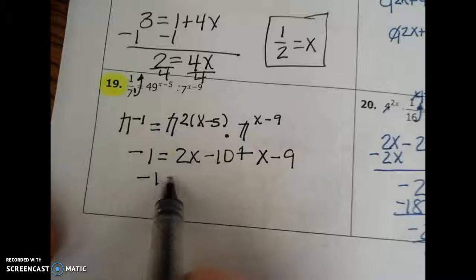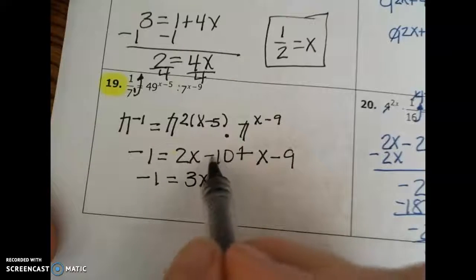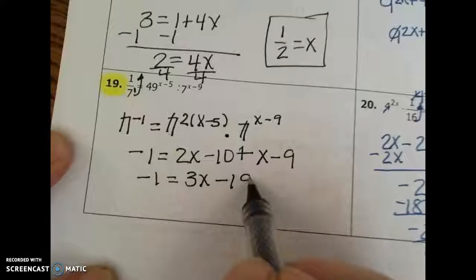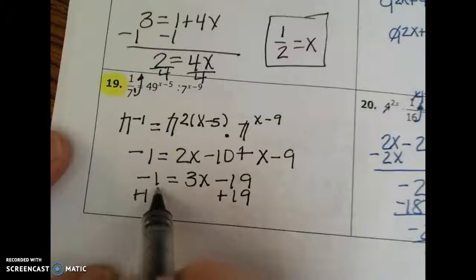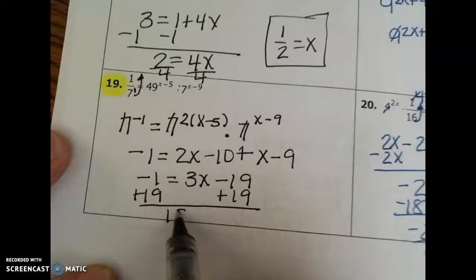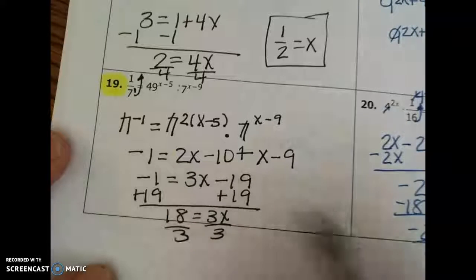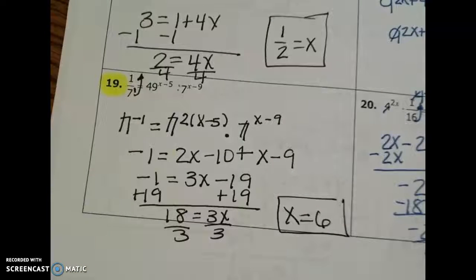So I've got some like terms here. I've got 2x and x is 3x. Negative 10 minus 9 is negative 19. I'm going to add 19 to both sides, and I get 18 equals 3x. Divide by 3 on both sides, and my x equals 6.